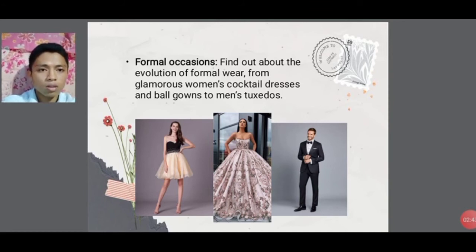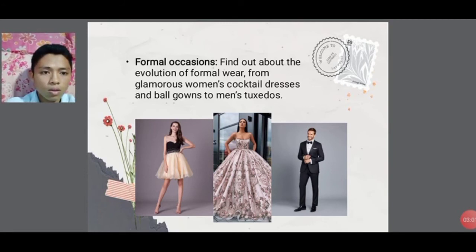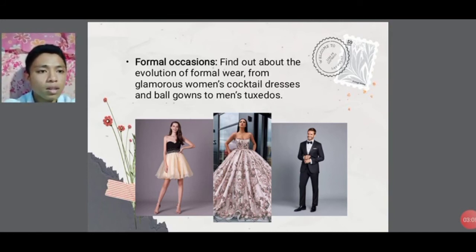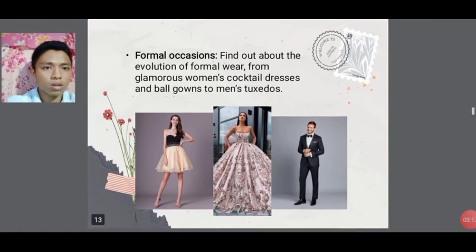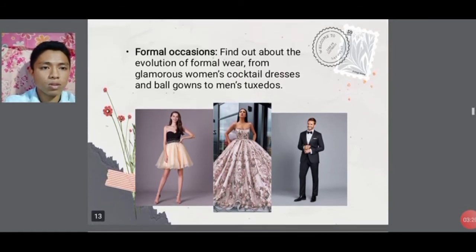So just like this, on the left side, women wear a knee length cocktail dress or little black dress. They wear heels. And also for men, dark suit, necktie, with leather shoes or tuxedo. So that's for formal occasions.